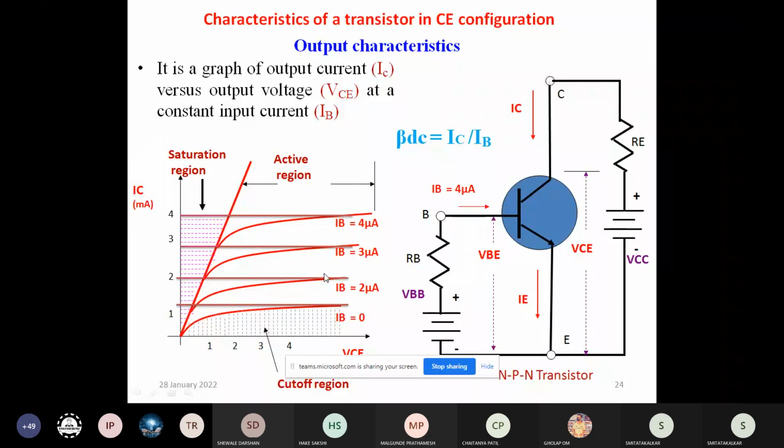That's why the BJT can be used as a current control device, and the collector current goes to ICBO, named for collector base saturation. That is the meaning of the saturation region. The transistor goes to saturation in reverse bias.